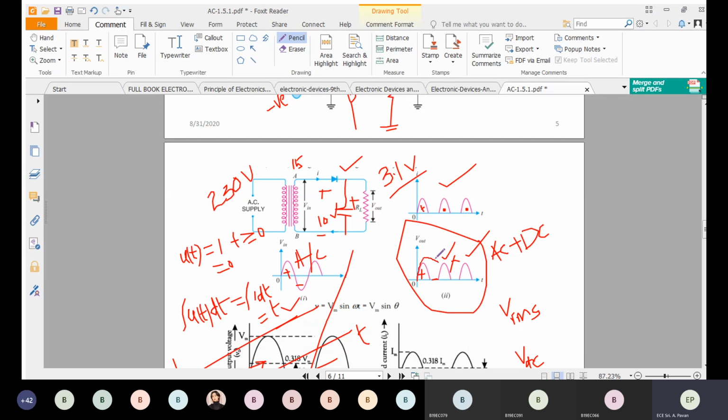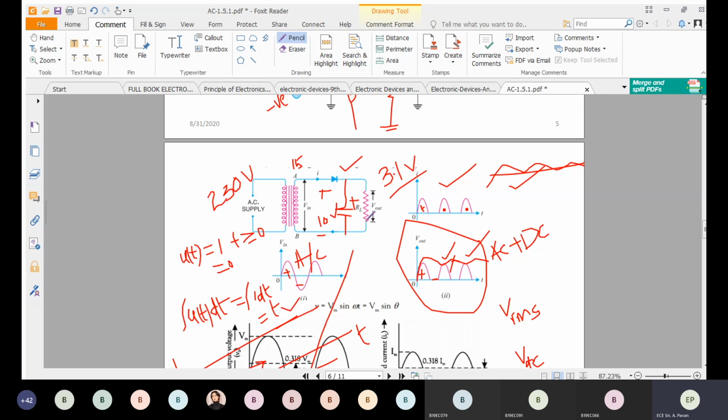By the time it discharges, we again get the positive waveform, again it charges and discharges. So initially the capacitor is charged for the positive half cycle, then it tries to discharge, then again we get the positive half cycle, it charges again, and for the negative half cycle it discharges. That's why we will get the straight line at the output. For the entire waveform, the LED will be on.